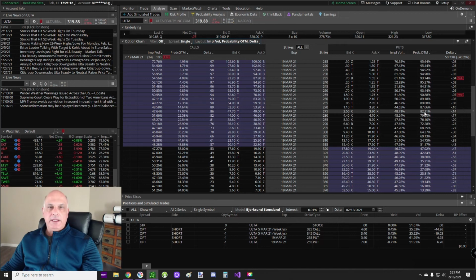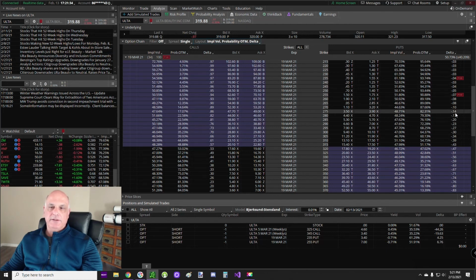Now, another neat way to look at this is you can use delta. What is delta? Delta is the price sensitivity to the underlying, right? But also keep in mind that delta almost equals the probability of that price being at that certain level for expiration.